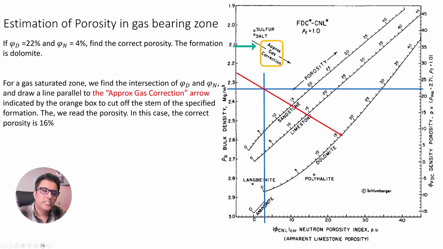For example, here you see phi d is equal to 22 and phi n is 4, and I find the intersection here. From the intersection, I draw a line parallel to this arrow to cut the dolomite stem. On the dolomite stem, I notice that the correct porosity is 14%.